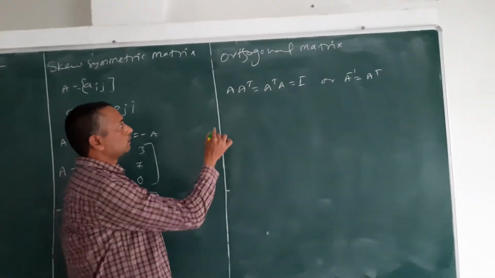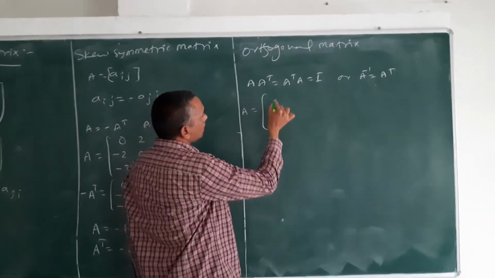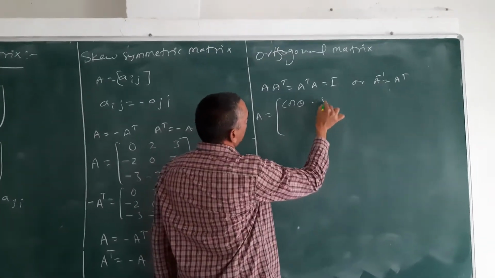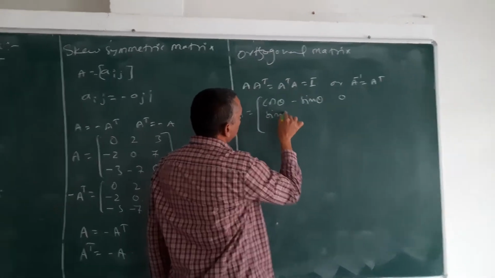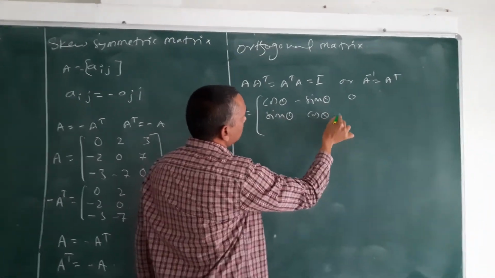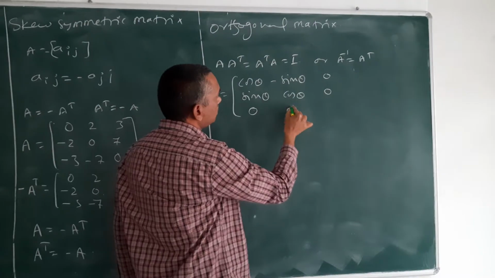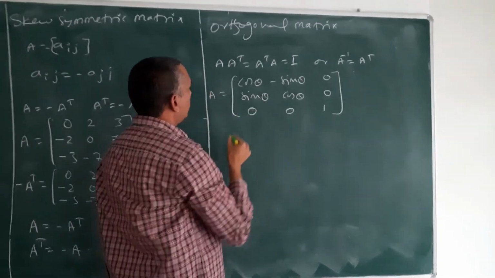For example, A equals cos theta, minus sin theta, 0, sin theta, cos theta, 0, 0, 0, 1. What is A transpose?